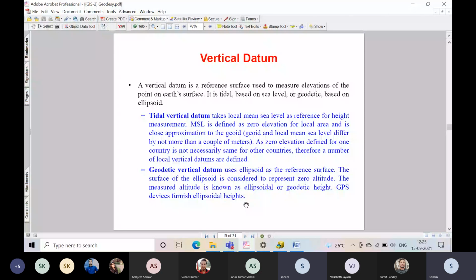Coming to the next one, it is the horizontal datum. Again go back to that diagram.